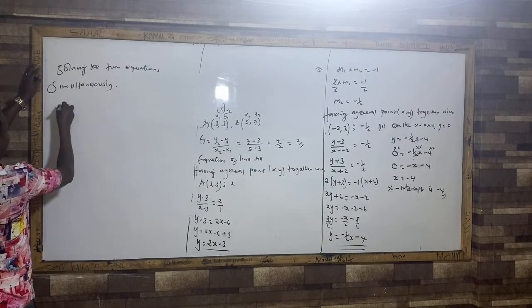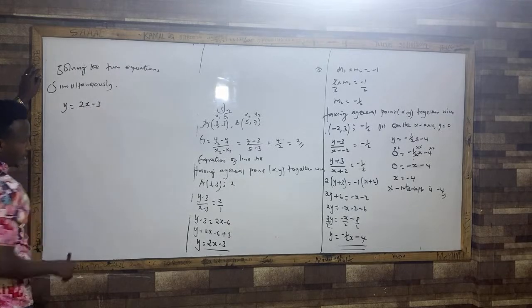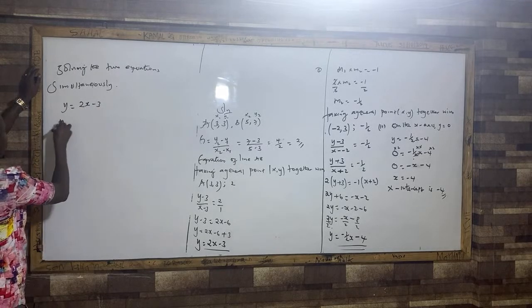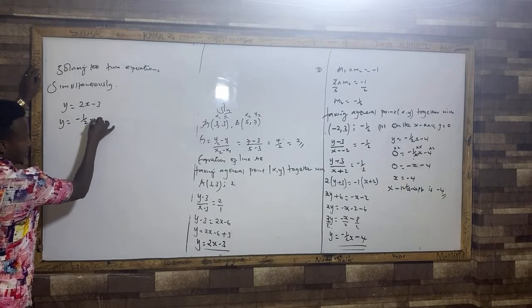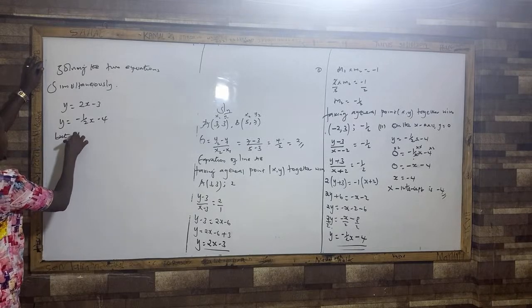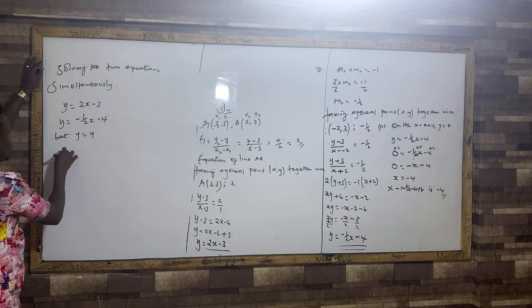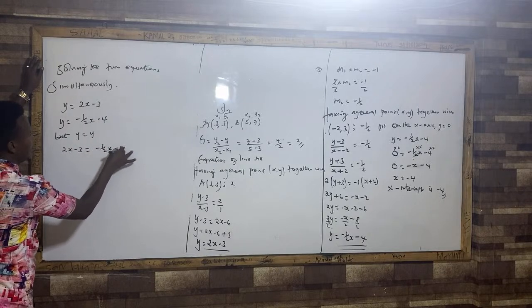Now we have y is equal to 2x minus 3. We also have y is equal to negative half x minus 4. What are you going to say? But y is equal to y. So you're going to say 2x minus 3 is equal to negative half x minus 4.